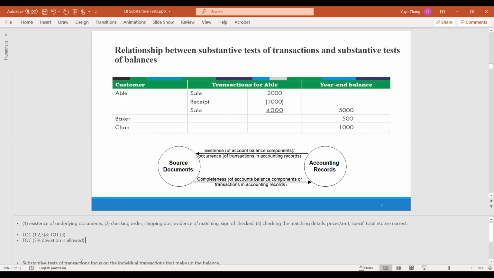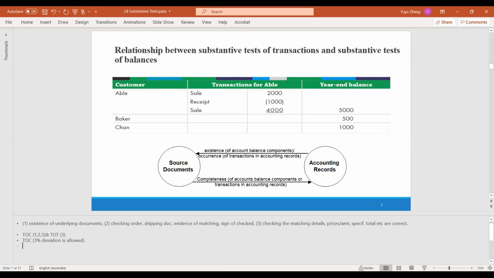But if the number of deviations is larger than 3%, that means the assessed control risk might be wrong. So you need to extend your sample, do more tests to ensure the assessed control risk is actually correct, or otherwise you need to change your assessed audit risk and control risk, right?